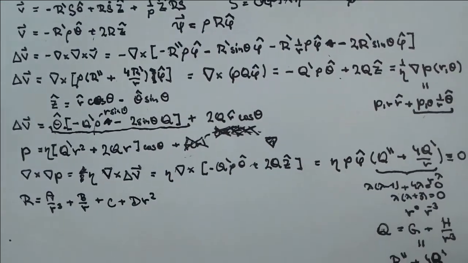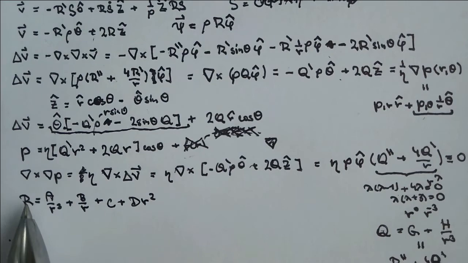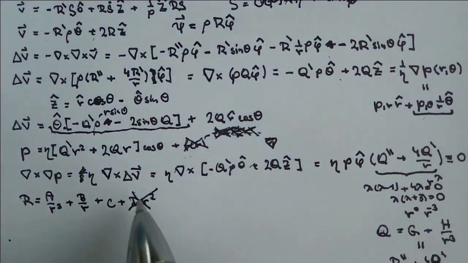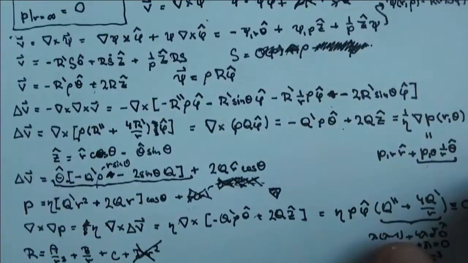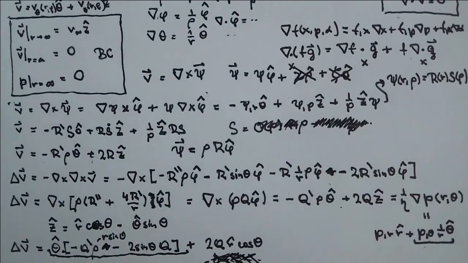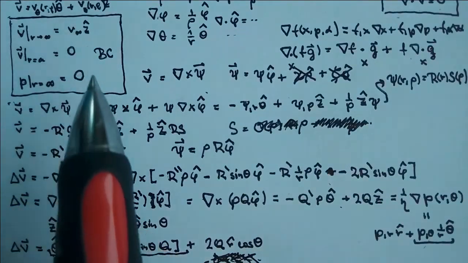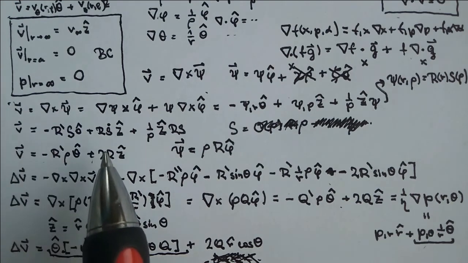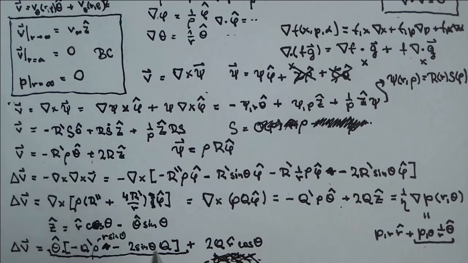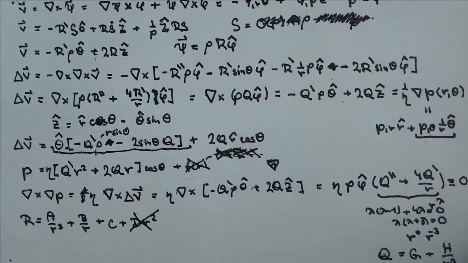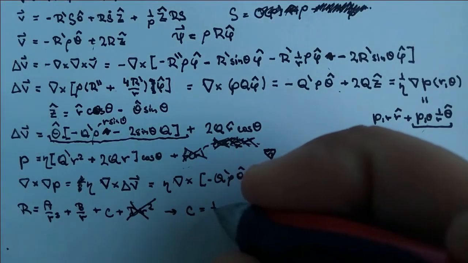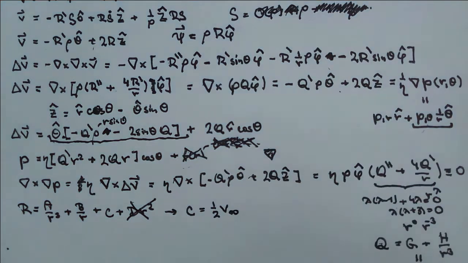So r should be constant at infinity, and this shouldn't be here, because otherwise it would explode, and the constant c we can equate with v infinity, because the velocity at v infinity is 2 times r, so 2 times c is equal to v infinity, so c is equal to 1 over 2 times v infinity.